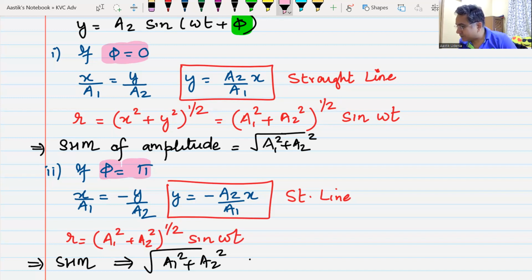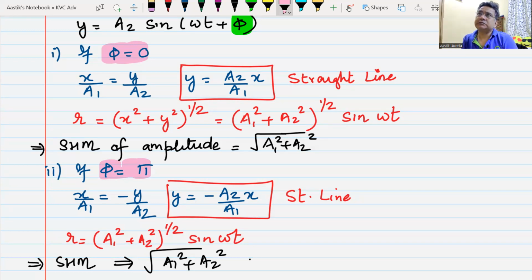Sir, one minute. Here we have two SHMs. In the first case one SHM, in the second case one SHM. What is the phase difference between those two SHMs?